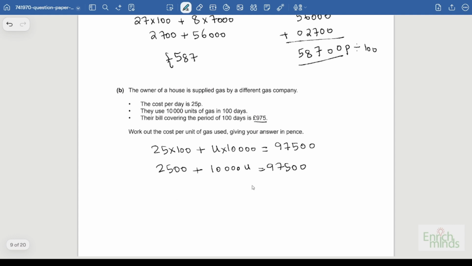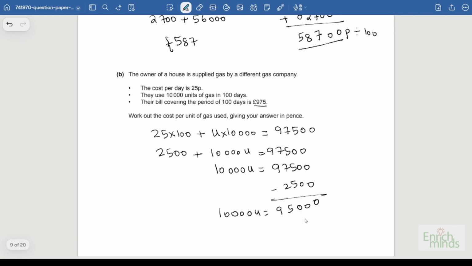So I take away 2500 from both sides. So this will be 10,000 U equals 97500, take away 2500. This will give me 7, take away 2 is 5. So 95,000. So 10,000 units cost 95,000 pence.